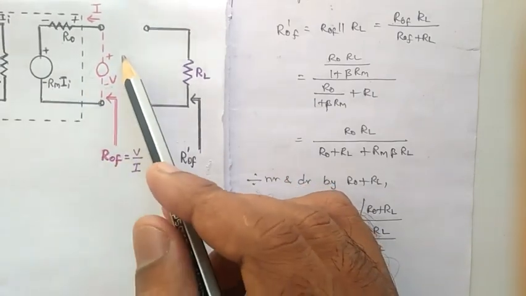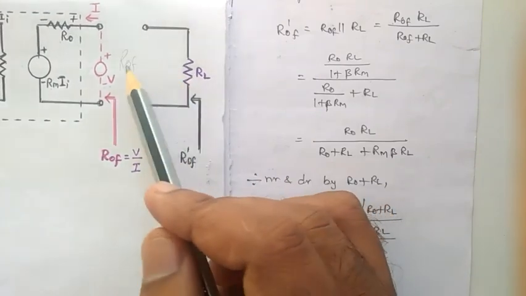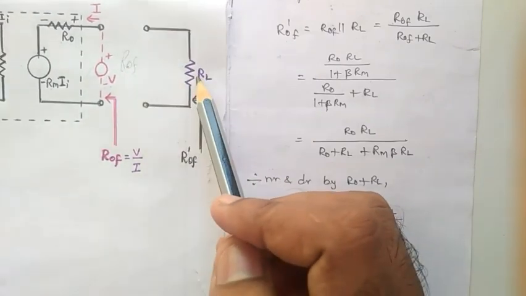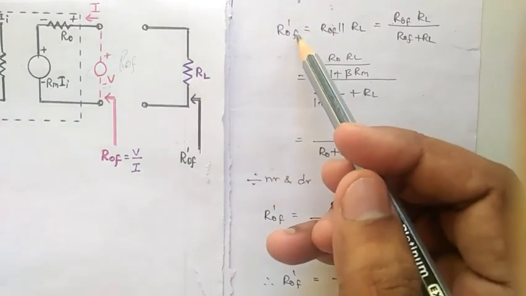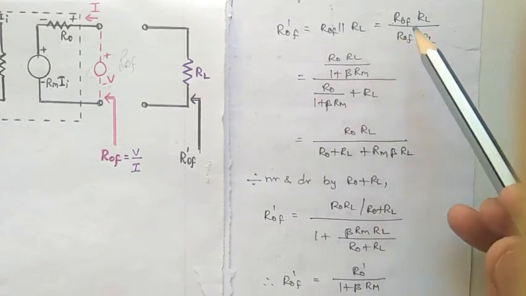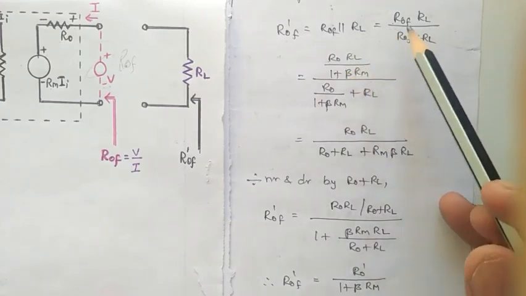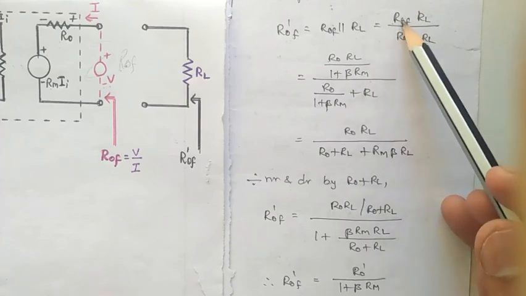The effective output resistance is ROF parallel to RL. Hence we say ROF dash is equal to ROF parallel to RL. The parallel combination is expanded here as ROF RL by ROF plus RL. Then we place the value of ROF.